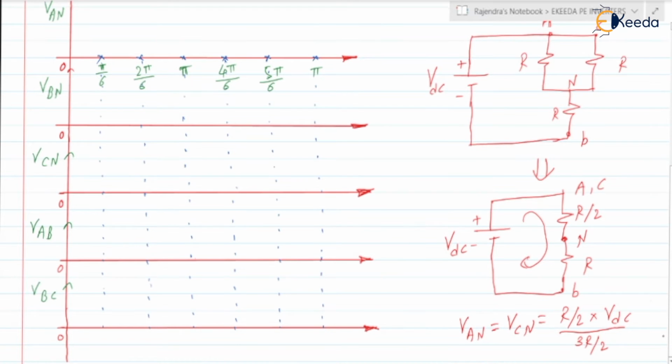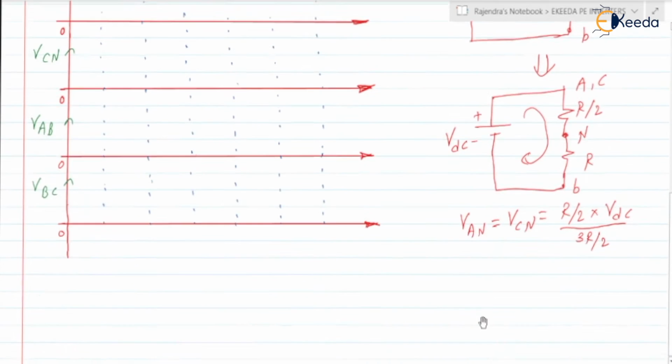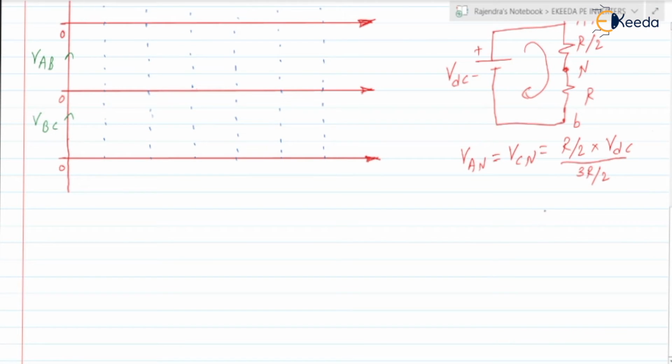The 2 gets cancelled, R gets cancelled, so it is 1 by 3 VDC. So VAN is equal to VCN is equal to VDC by 3.